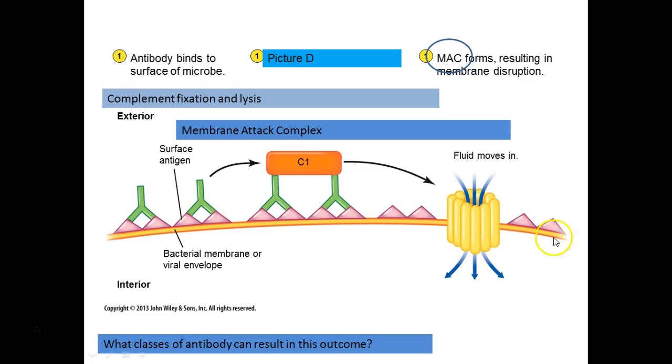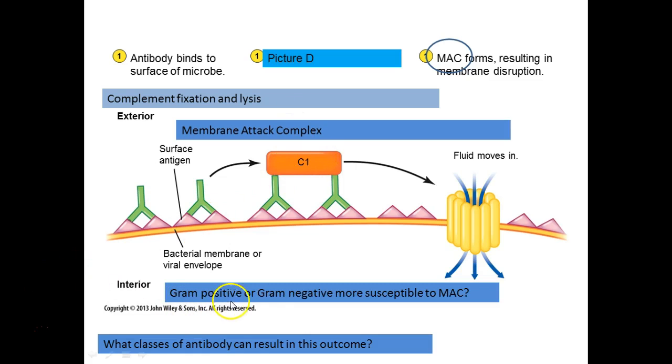So that's this complex of proteins of the complement system that actually insert into the membrane and actually cause what to happen to that cell? We lyse those cells, right? Does it destroy it? Yeah, it destroys it. It lyses it. So who did we say was more susceptible, gram-positive or gram-negative to this, and why? Gram-negative, because they have what structure that this can insert into?